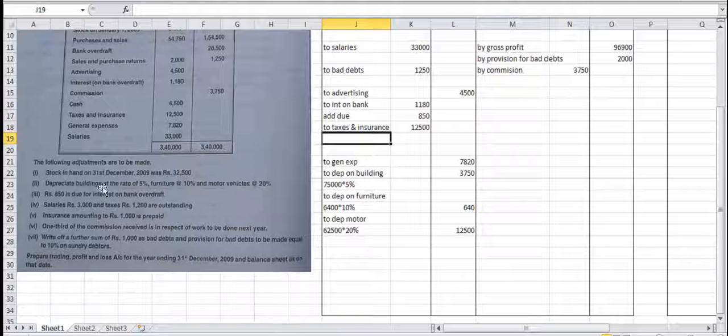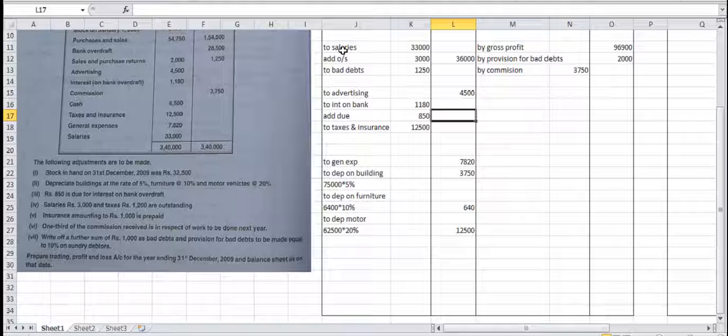After 850, salaries 3,000 and taxes 1,200 are outstanding. Salaries, add outstanding 3,000, this one 36,000. You can add at the time or later also.